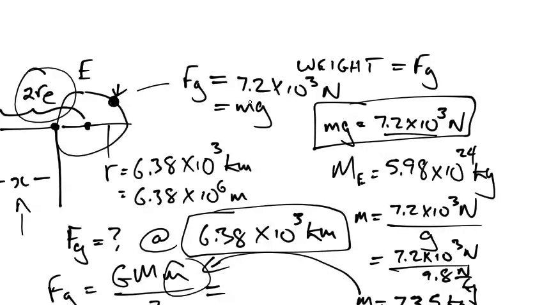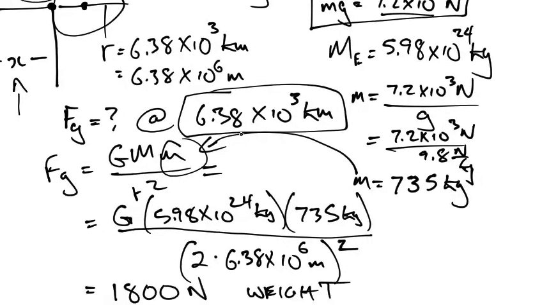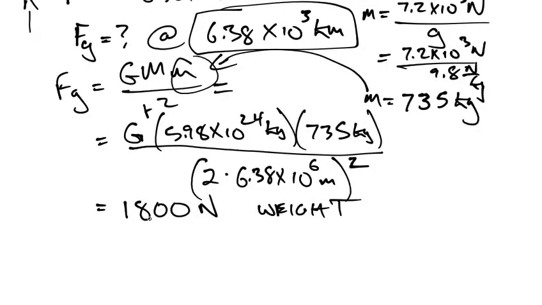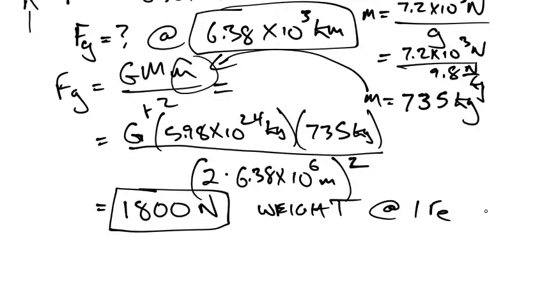On the Earth, the weight is 7,200, and at a height of 1 Earth radius above the surface, it's a lot less than 7,200. It's 1,800. So that's the answer to the first part: the weight at 1 Earth radius above the surface.